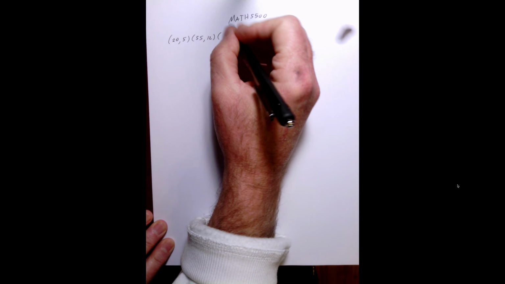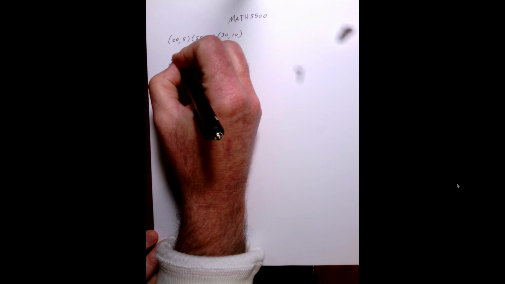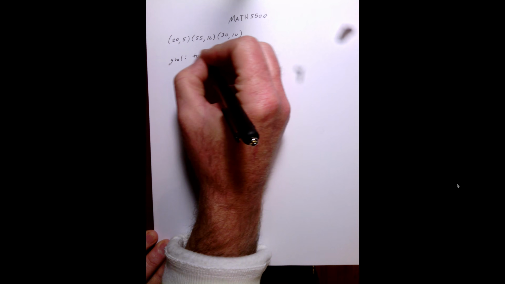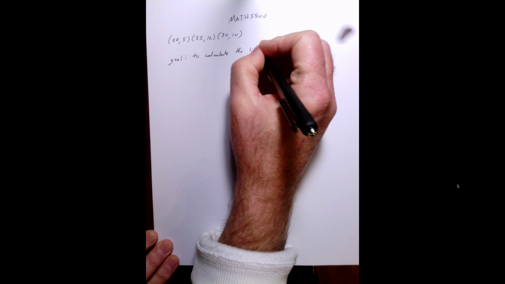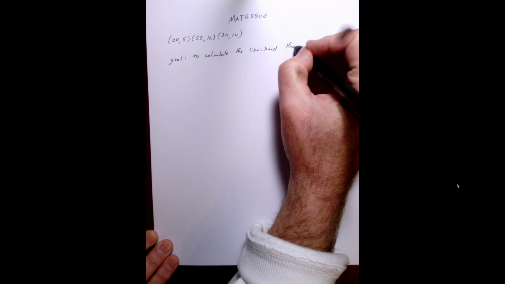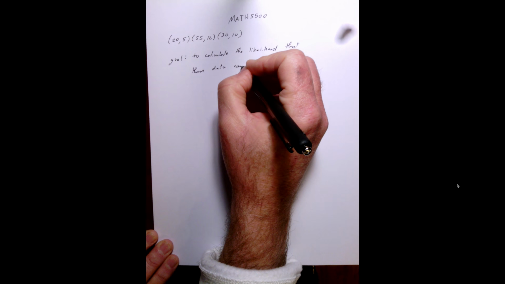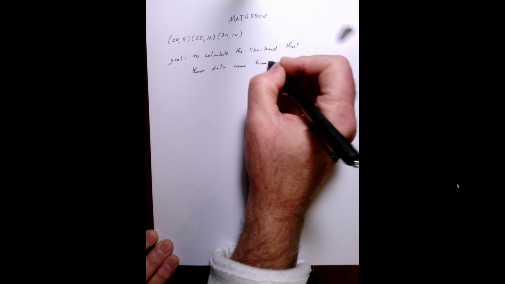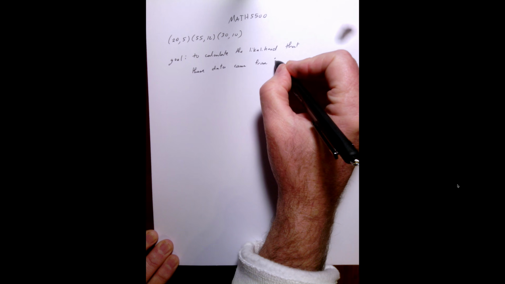Again, you know me, I'm not talented enough to speak and write. So I want to start out with a data set. And the goal here is to calculate the likelihood that these data came from, let's just say, the following parameter values.